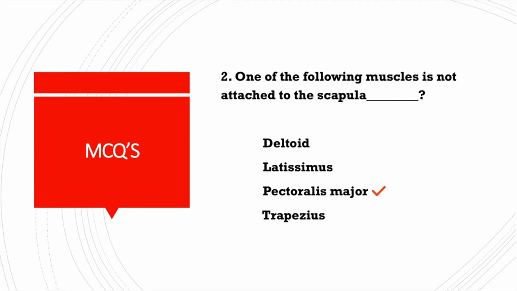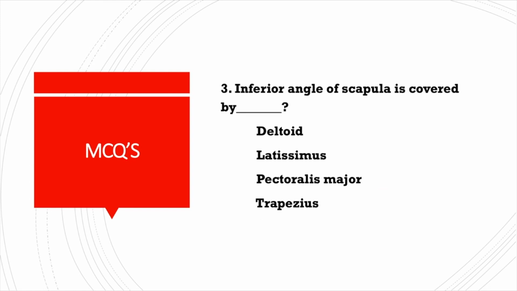Answer: pectoralis major. Inferior angle of scapula is covered by deltoid, latissimus dorsi, pectoralis major, trapezius. Answer: latissimus dorsi.